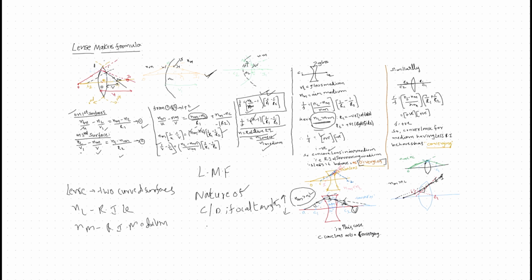Since NM is less, NL is greater, therefore you get a positive value. And 1 by R1 minus 1 by R2 is also positive. So the F value will be positive. So the convex lens behaves like a converging lens when the surrounding medium has less refractive index. In the same case, the concave lens behaves like a diverging lens.